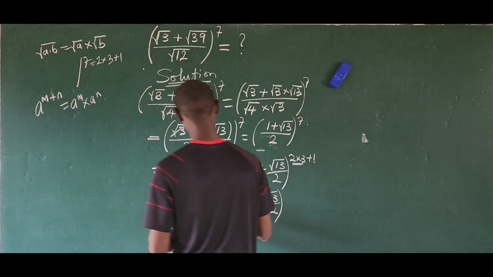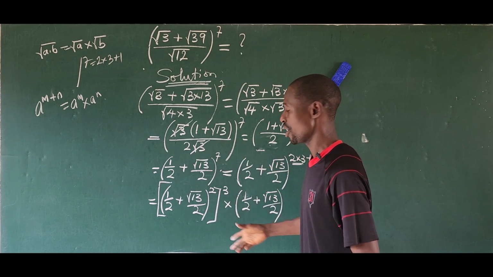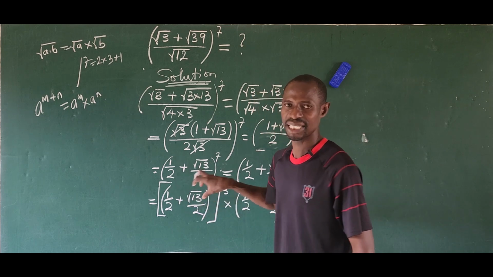So you discover that this 7 as a power is what we've split into this. So we can easily find this expression times itself.